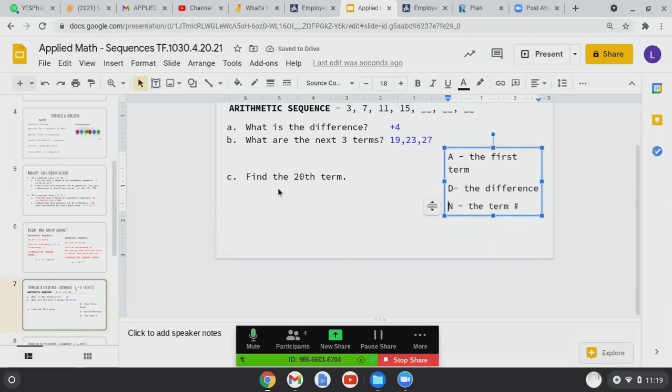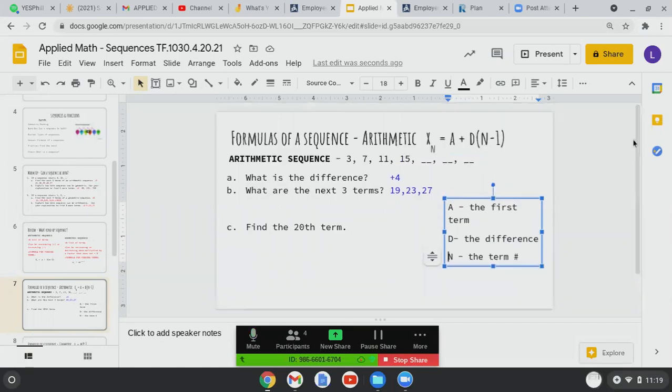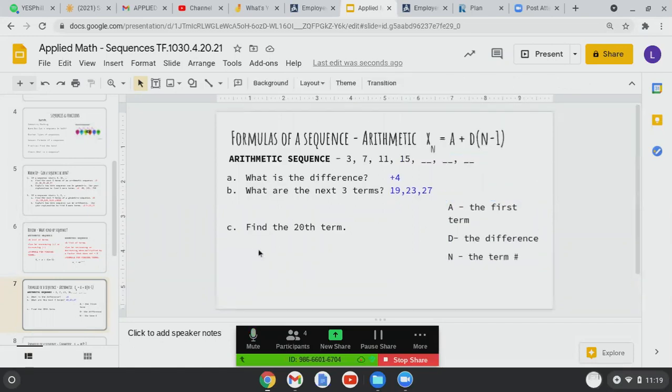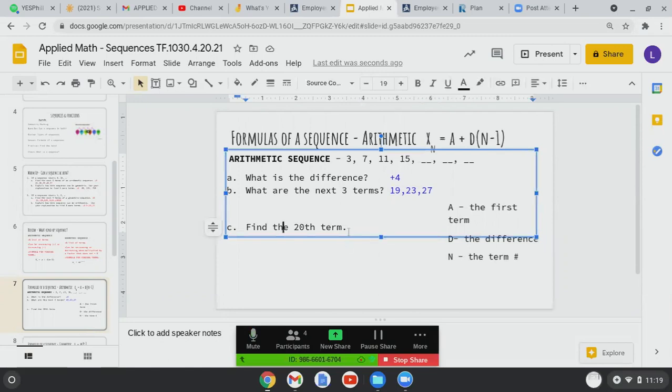So the formula says that our term, oh, that's the equation. So it would be 3 plus, yep, go ahead, 4 and then 20.